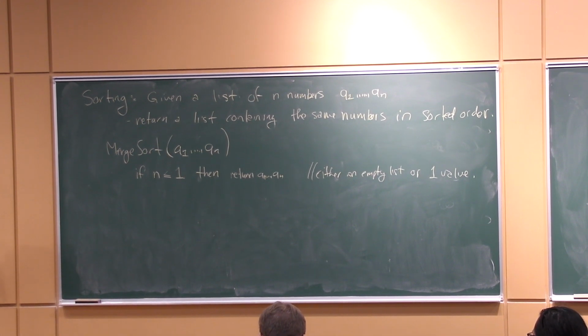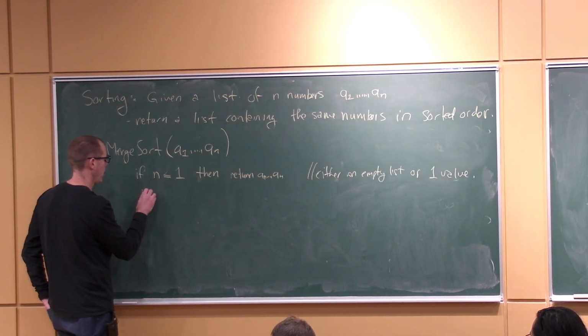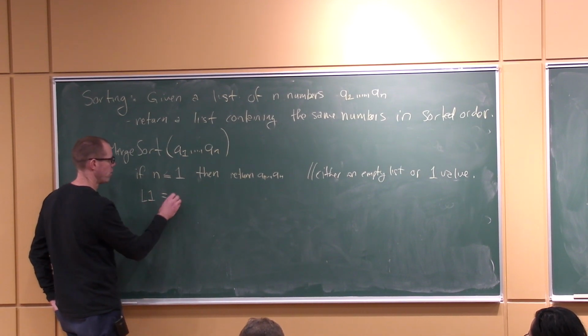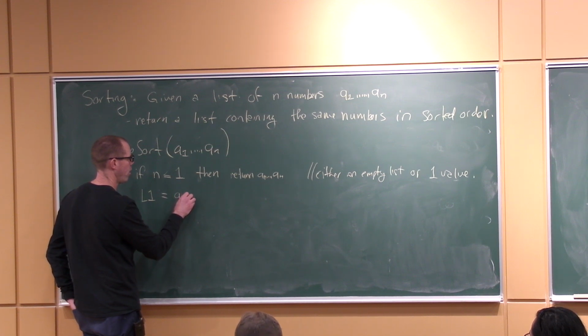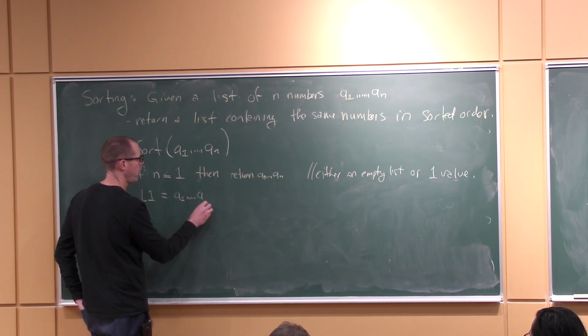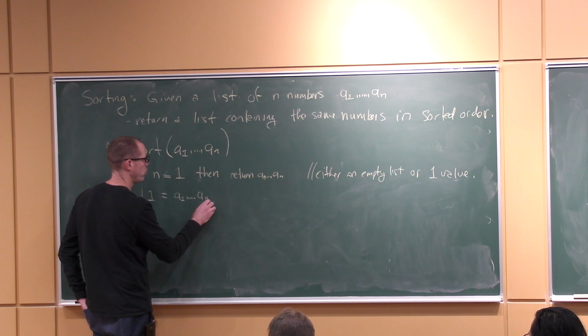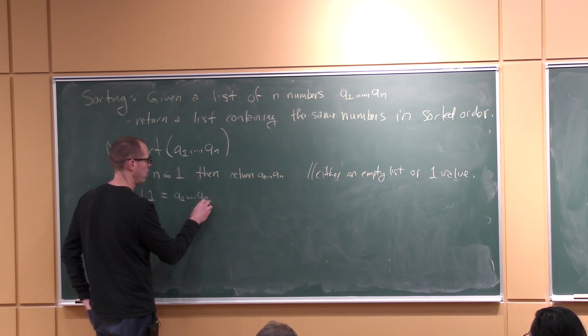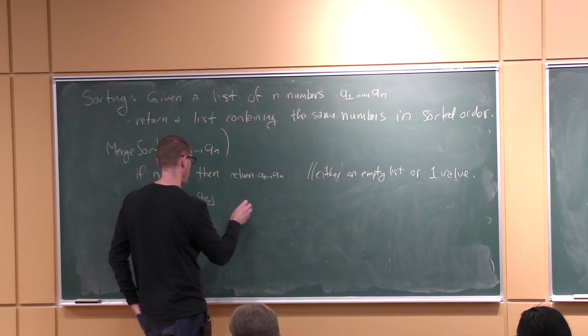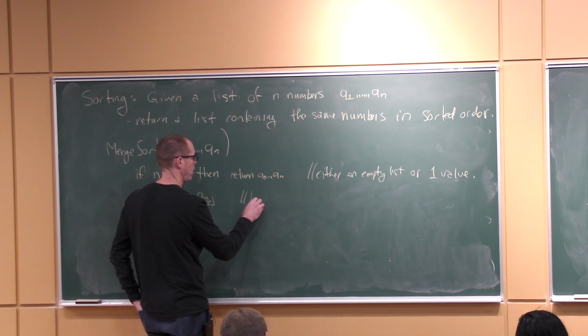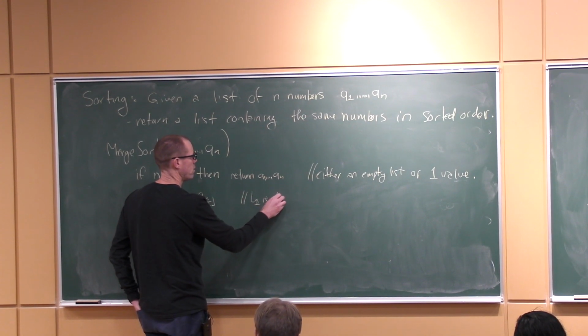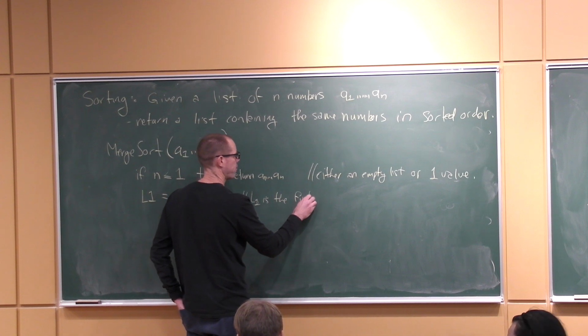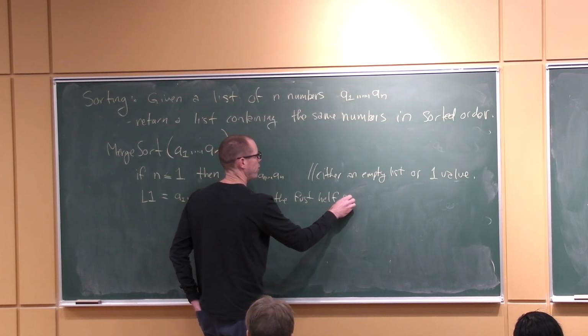That's a good idea. So let's say that L1 is equal to A1 up to A n over 2, and let's take the floor. So L1 is the first half of the list.